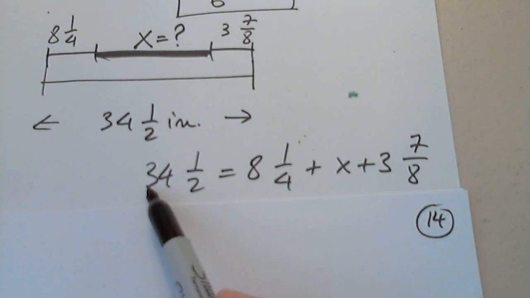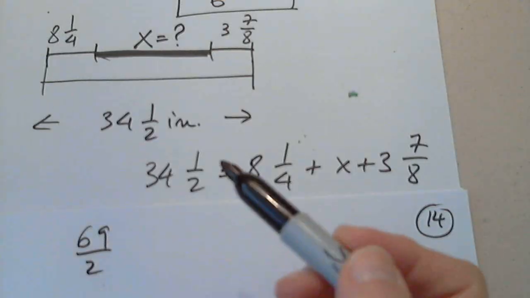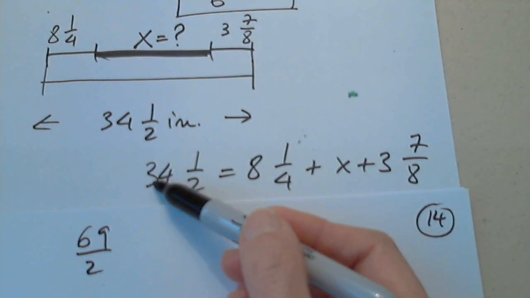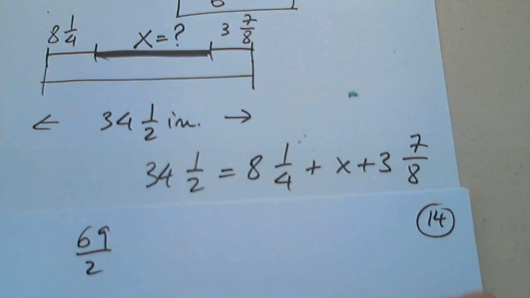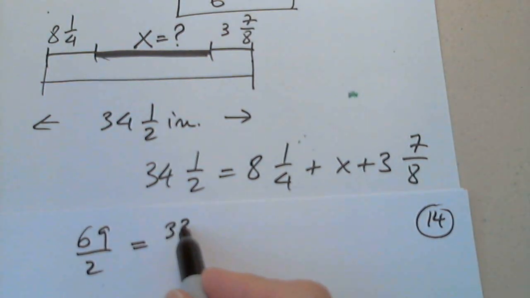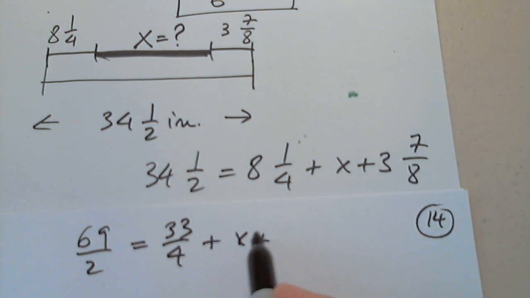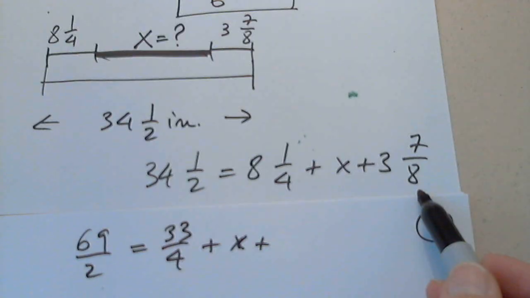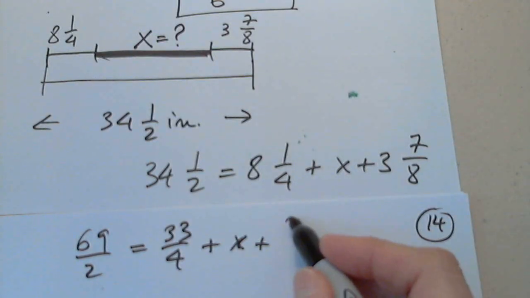I think it's 69. So 68 plus 1. Good. Is it clear? Yes. Perfect. 8 times 4, 32, plus 1, 33. Plus x, 24, plus 7, 31.